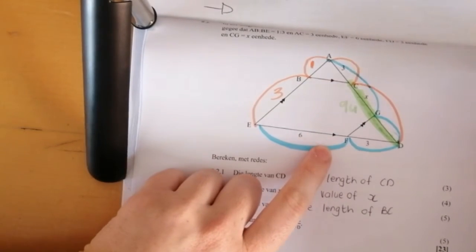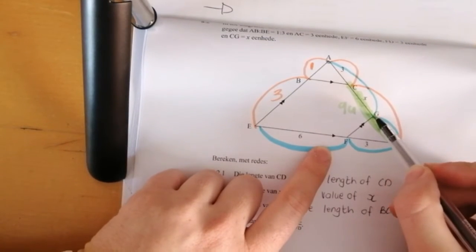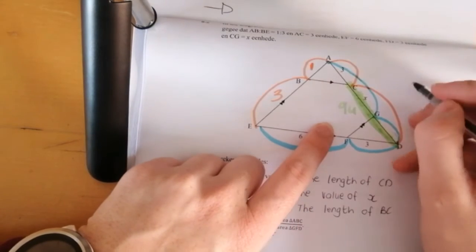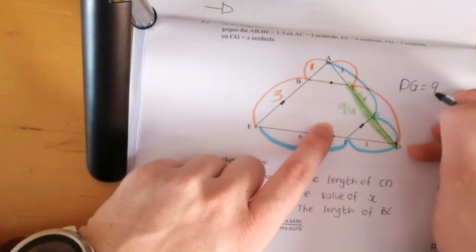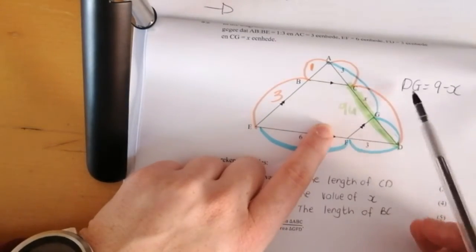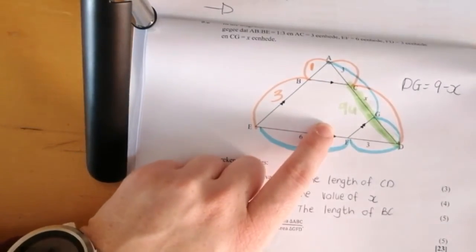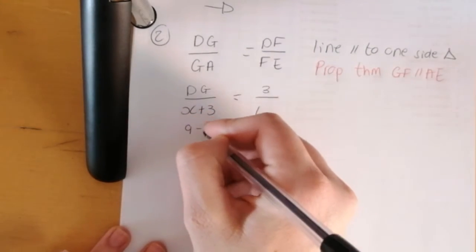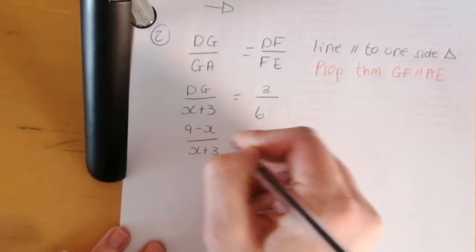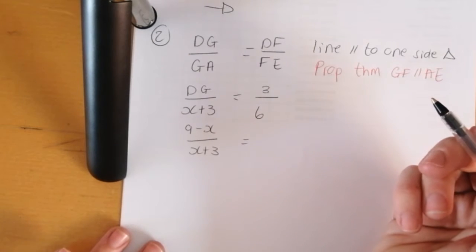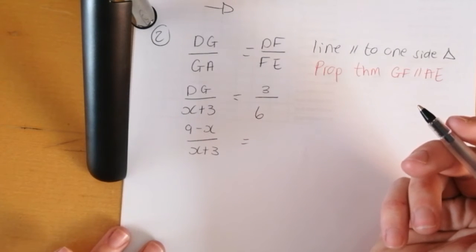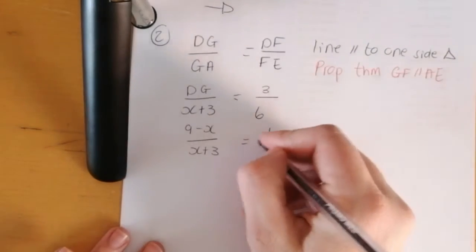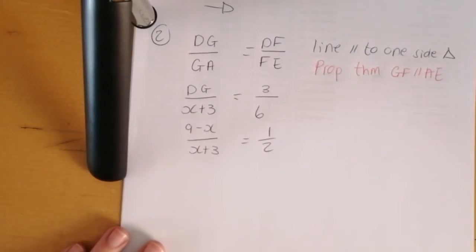But does that not mean that DG is actually just 9 units minus X? So do you agree with me that we can then just substitute that into DG's place? So 9 minus X over X plus 3 is equal to, we can simplify that to 1 over 2, if you would like to.